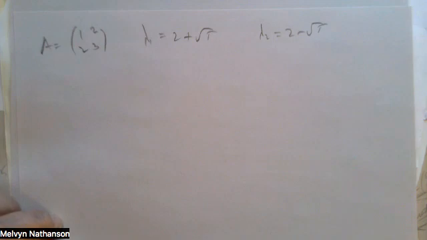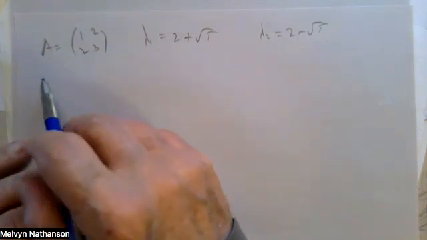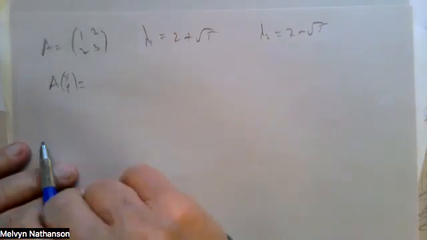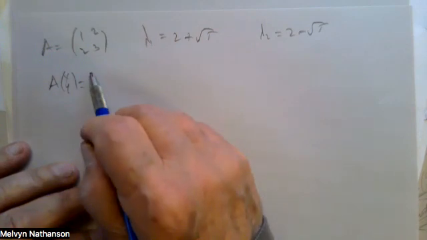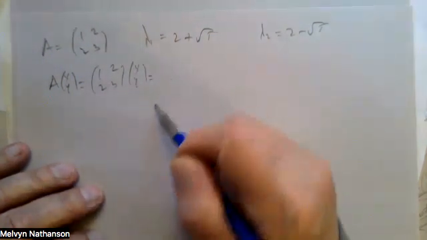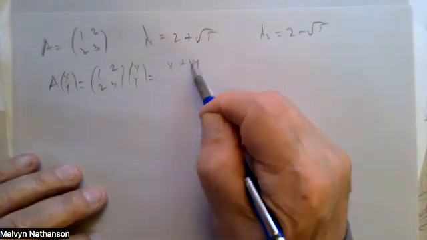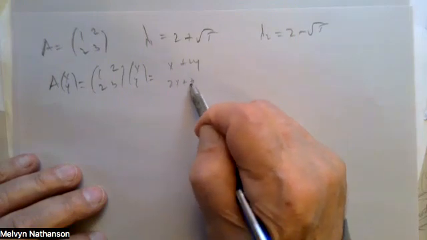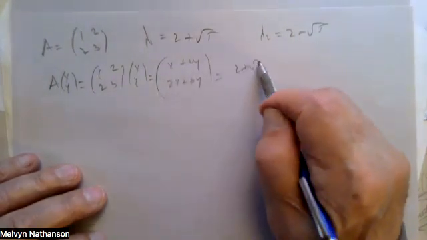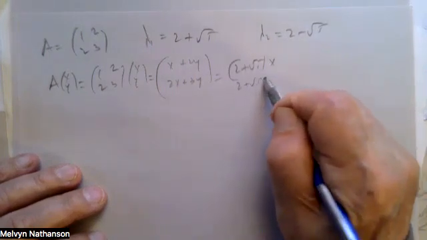If I did this correctly, I hope I did. So let's see. I want to find a (x, y), which is 1, 2, 2, 3 times (x, y), which is (x plus 2y, 2x plus 3y). I want that to be equal to (2 plus root 5) x, (2 plus root 5) y.